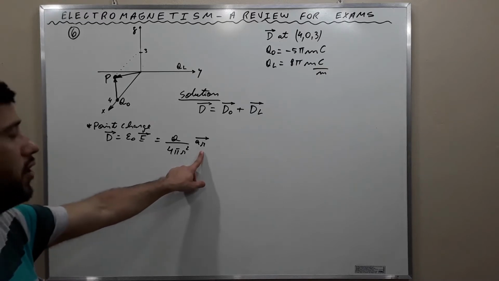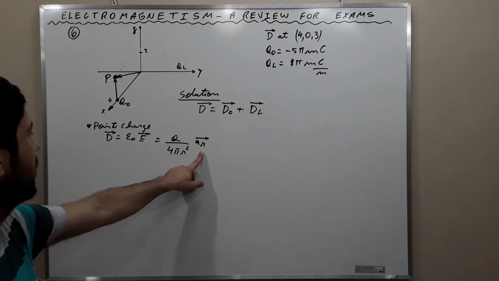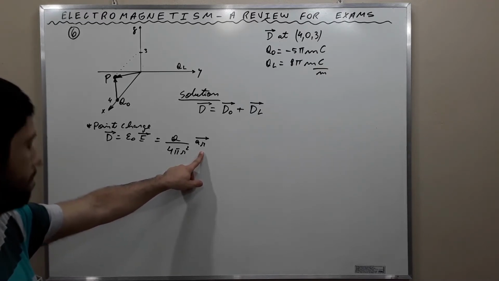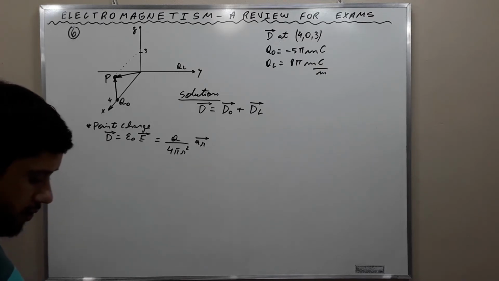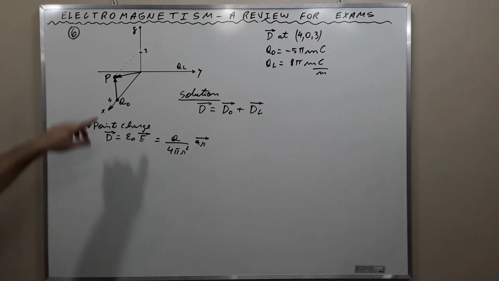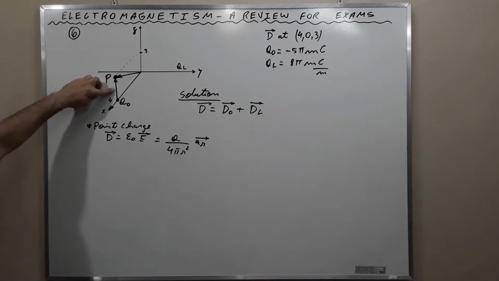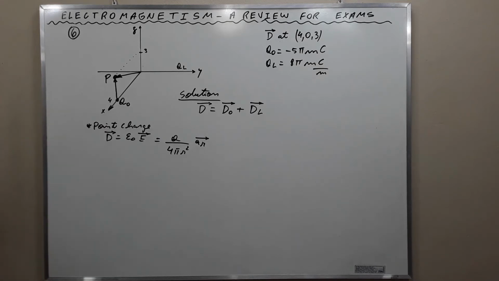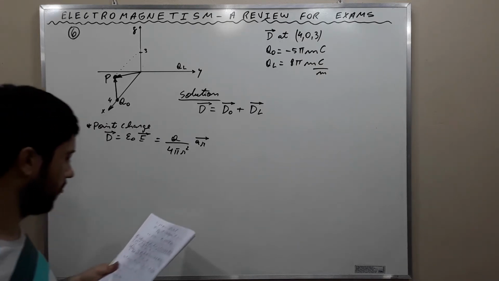This is a unit vector that positions this vector here, the vector that goes from the charge to the point where we want to measure the field.